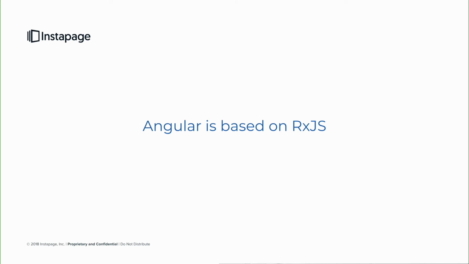There was a lot of community work, but the project was mainly developed by Ben Lesh. So I was a bit concerned that if I started working on a big project with it, it would be skipped after one or two years. But right now, when all async operations in Angular are based on it, I'm really confident that using RxJS in a big project will be simple and it will not be dropped.